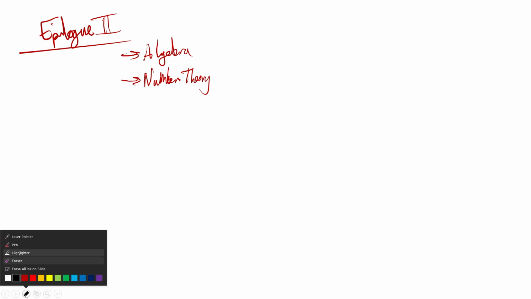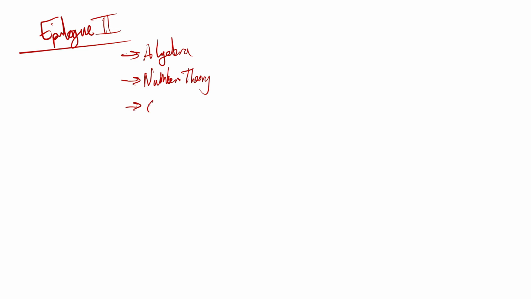So I took number theory, I took Galois theory, which was really fun. I really liked it. I took representation theory. What else did I take? Markov chains, technically, but that's more probability.